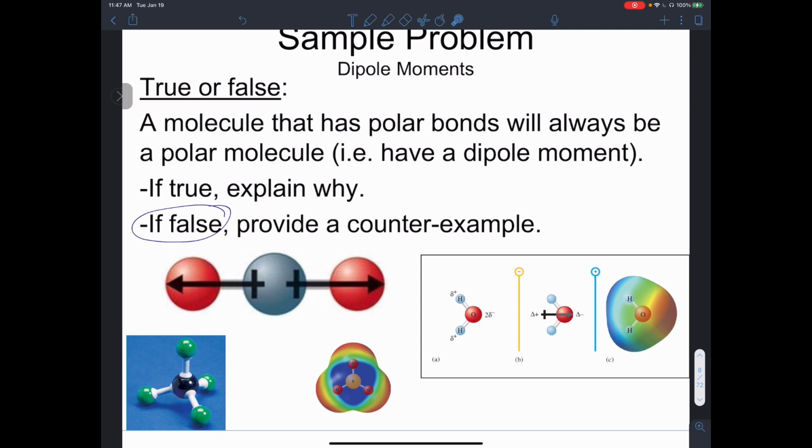But taking a look over here at water, you have a bond that's pulling towards the oxygen here, and another bond that's pulling towards the oxygen there, leaving these hydrogens slightly positive and the region around the oxygen slightly negative. If you sum all of that together, the whole molecule actually does have a dipole moment, where the oxygen side is more negative and the hydrogen side is more positive.